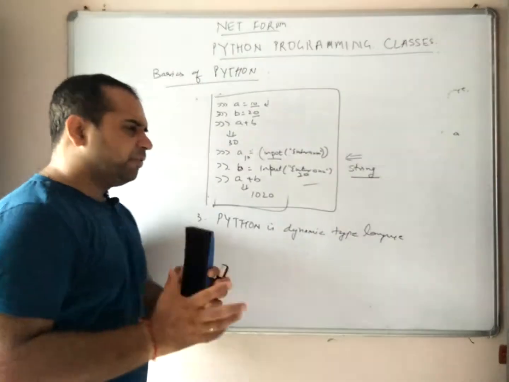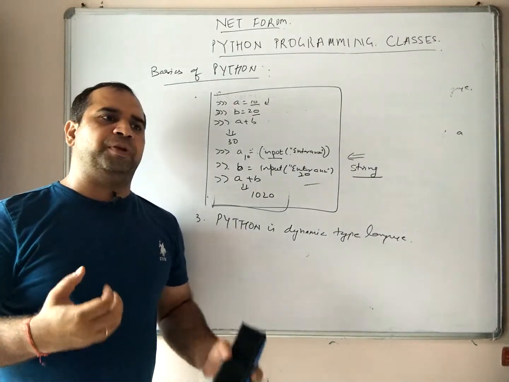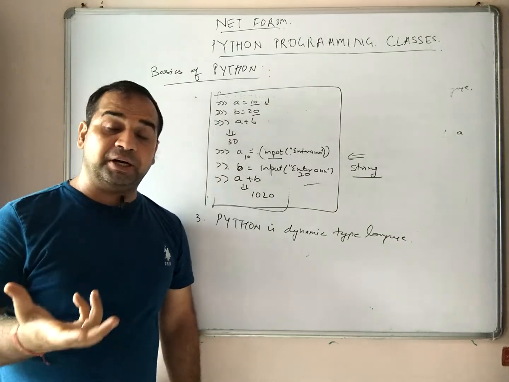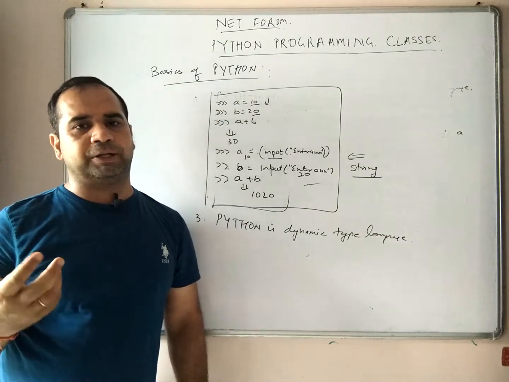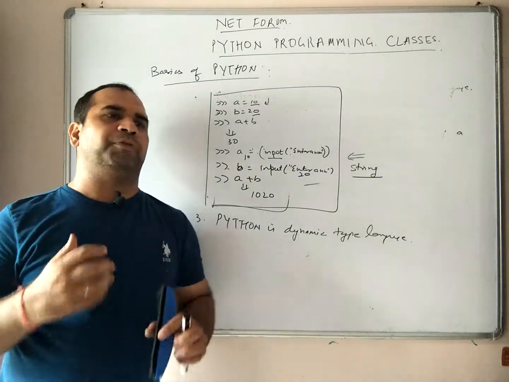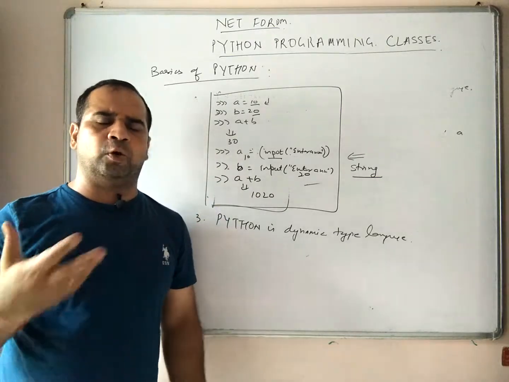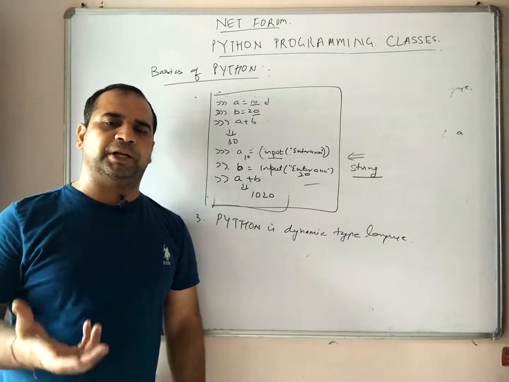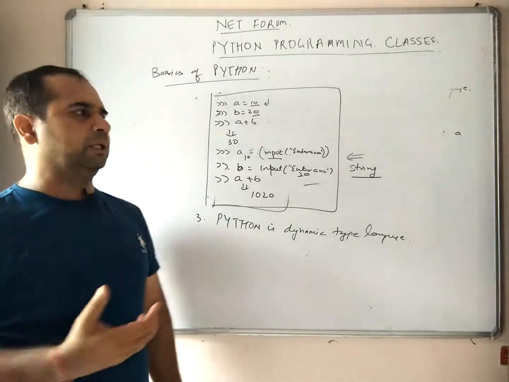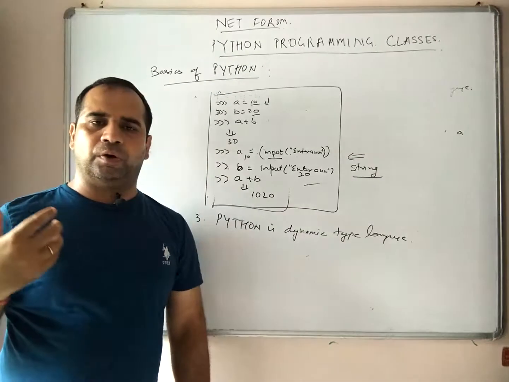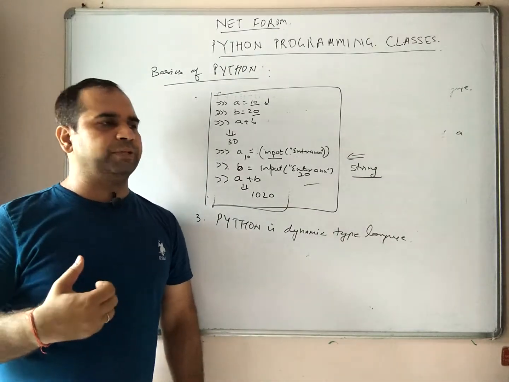So Python is a very robust, very efficient language in handling big amounts of data structures. We don't have to put ourselves much into typecasting and other things. It is automatically handled by the interpreter of Python, and that's why it is extensively used.